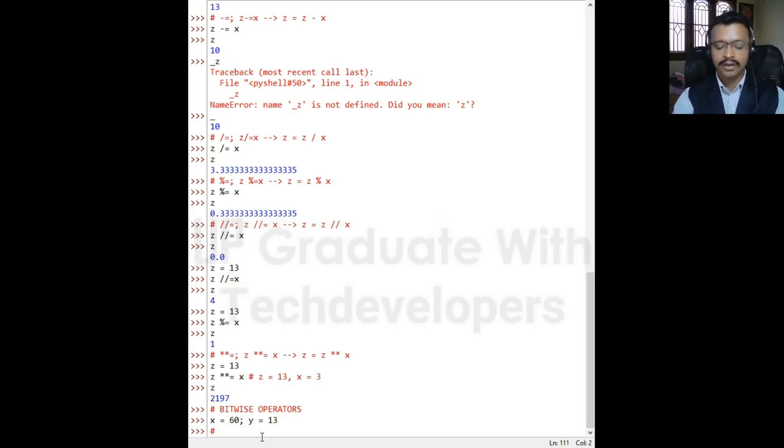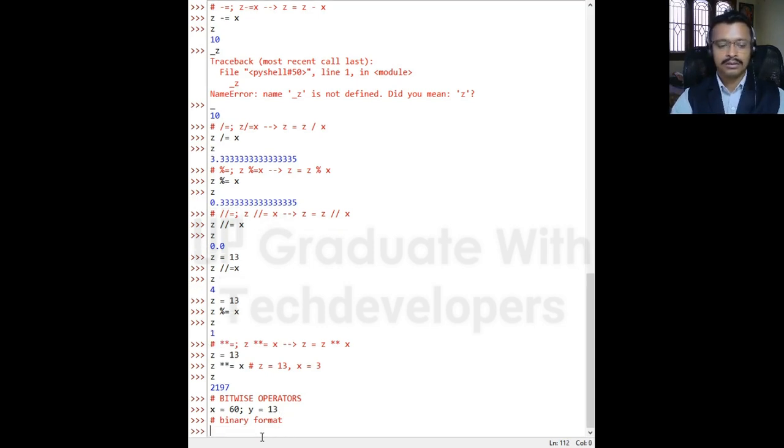Now in the binary format, these numbers can be represented as x is equal to 00111100.